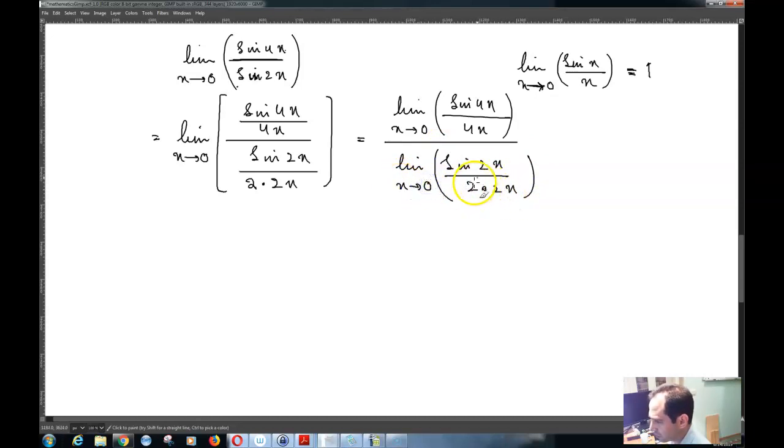And then I can take this 2 out, meaning that this is a 1 by 2 actually, it's in the denominator, so this is a 1 by 2.